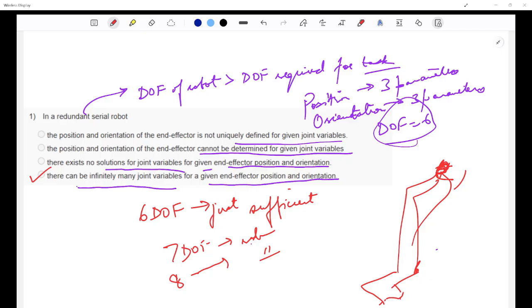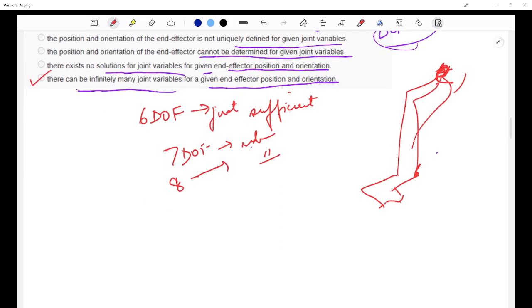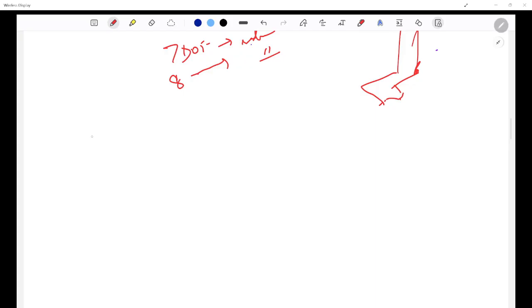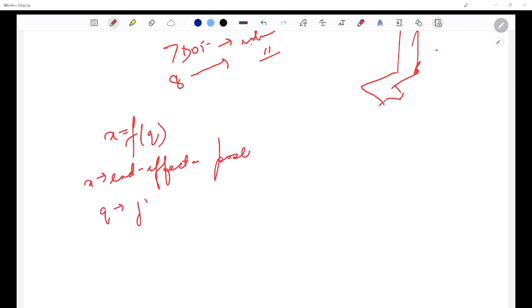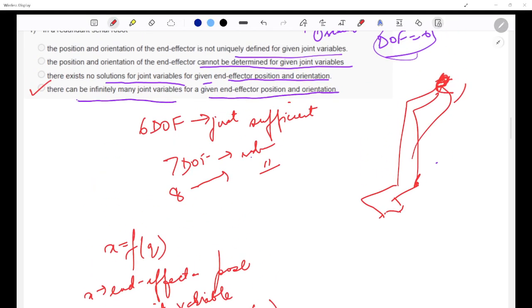Okay, so if we go for a mathematical representation, let's say x = f(q), where x is our end effector pose and q is the joint variable. If the dimension of q is greater than the dimension of x, that means the system is underdetermined and infinite solutions exist.